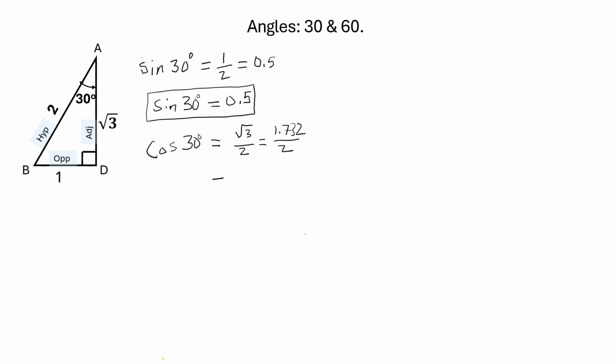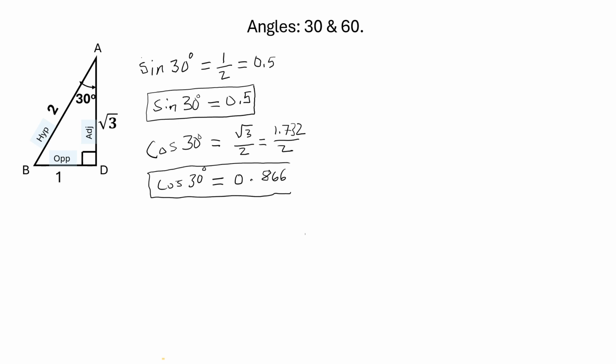Therefore, we say that cos 30 degrees equals 0.866.